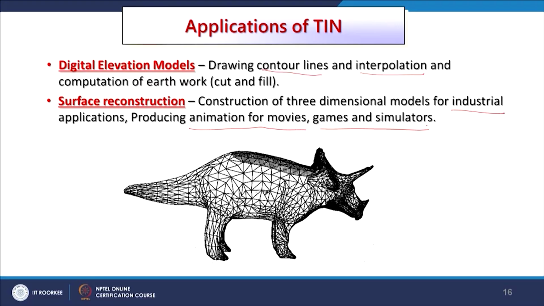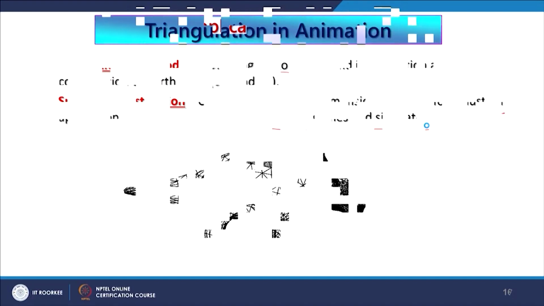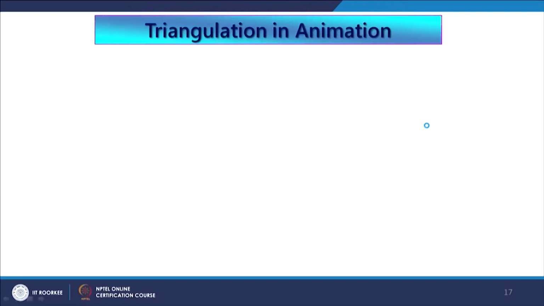So if we want to reconstruct and see, with whatever information is available, first a TIN is created, then an artificial skin is draped over it on the computer, and then you can rotate it and see how this animal used to look.